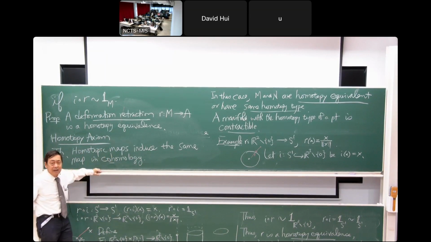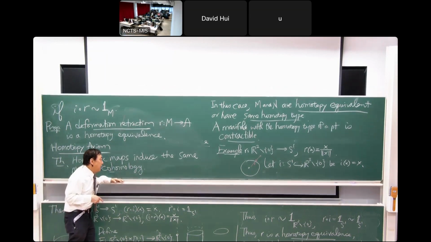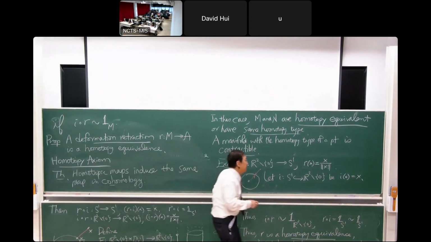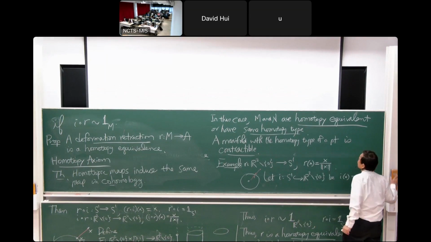Okay. Last week we talked about how any map induces a map in cohomology, right? So how does the map do that?